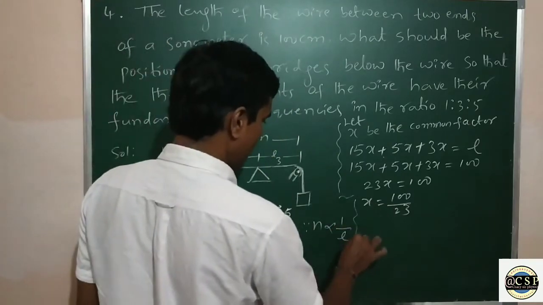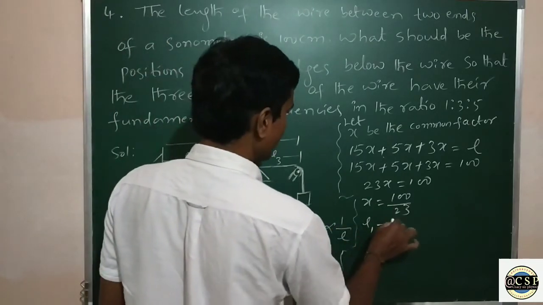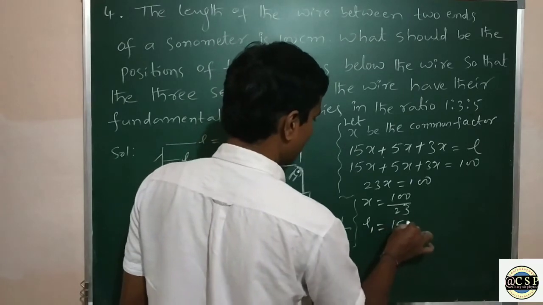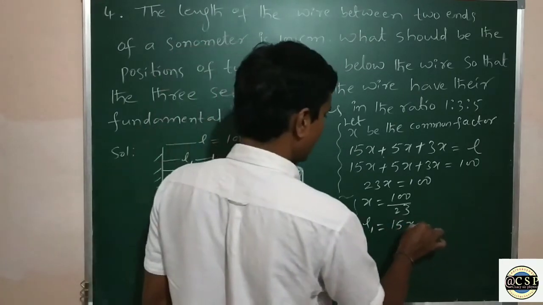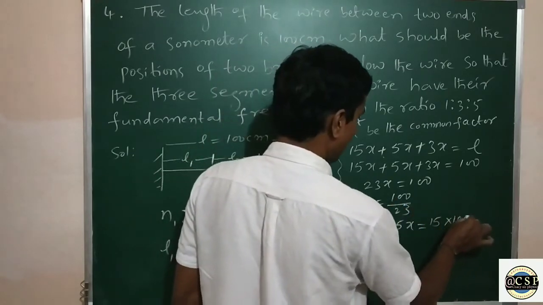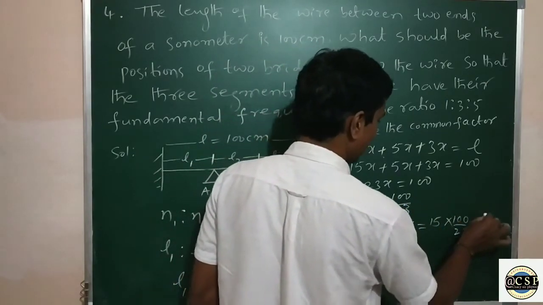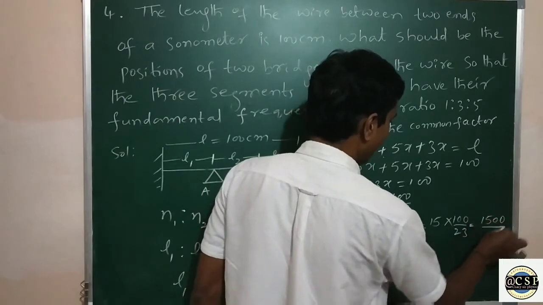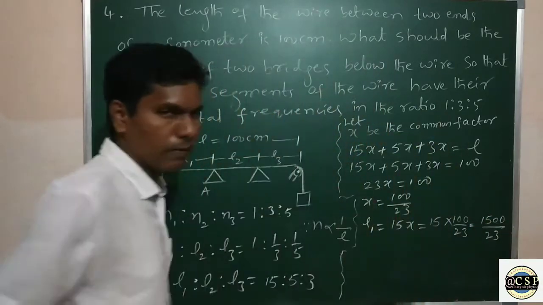Now the length L1 is equal to 15x, that is 15 into 100 by 23, which is 1500 by 23. First one is over.